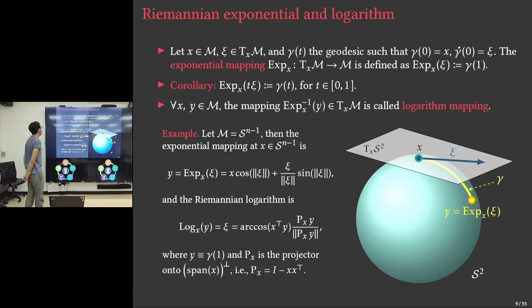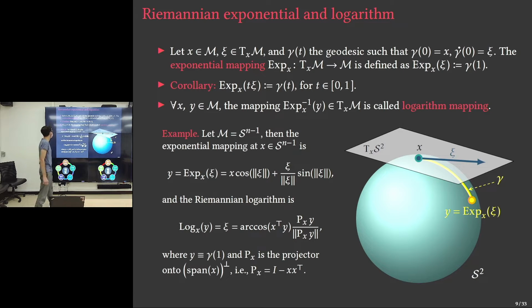If we have a point x on a manifold and a tangent vector psi to the manifold at x, and gamma(t) is the geodesic emanating from that point in the direction of psi, then the exponential mapping is the mapping from the tangent space to M that maps the tangent vector to the point on the geodesic at t equal to 1. Here t is the real parameter that parameterizes the geodesic.